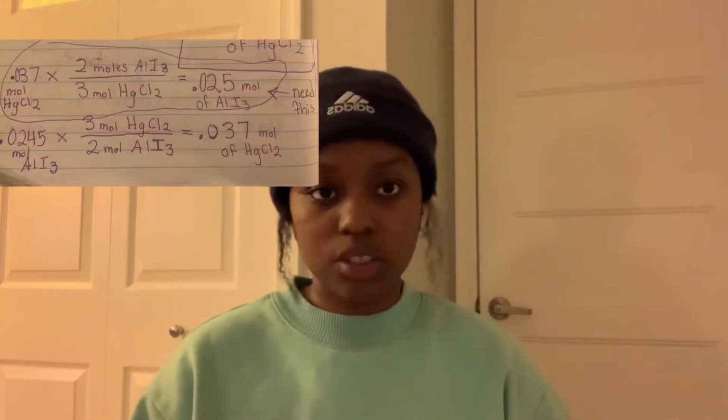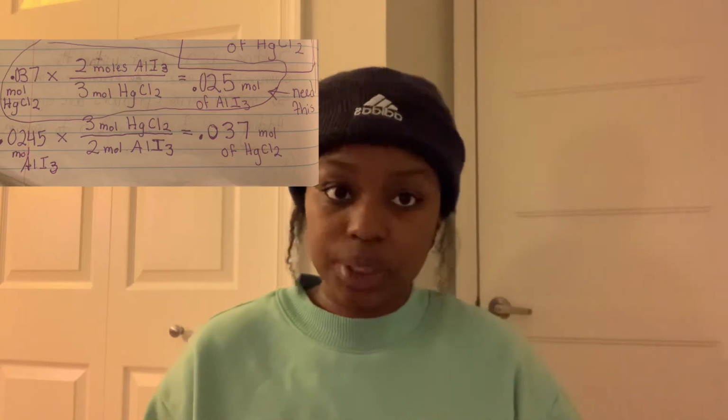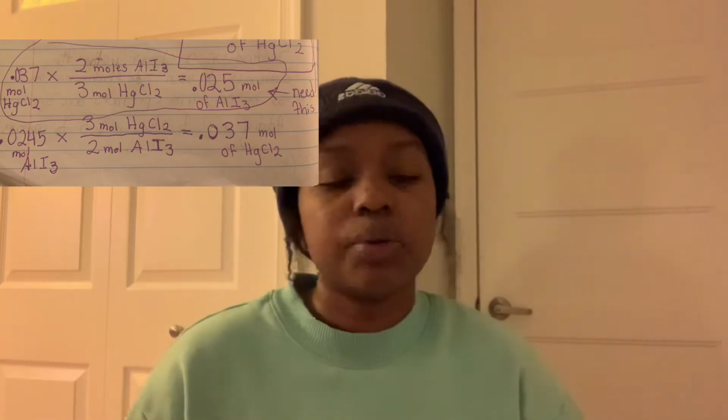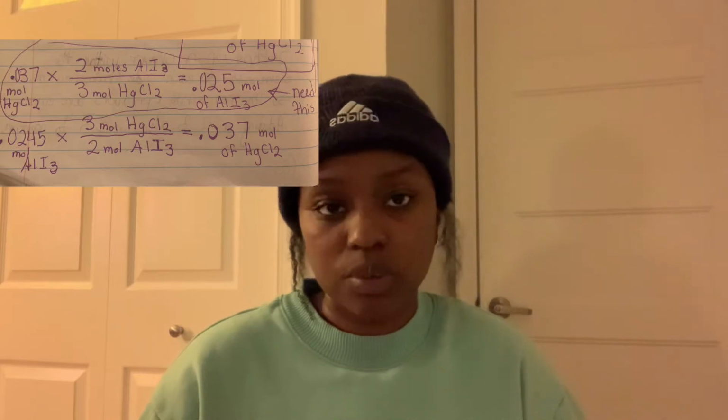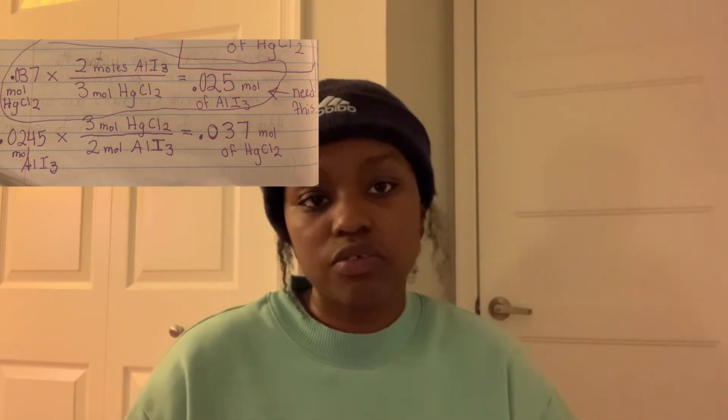Using the balanced equation, I knew the 2 moles of aluminum iodide would be over the 3 moles of mercury chloride. So I took the 0.037 moles, multiplied that by 2/3, and got 0.025 moles.